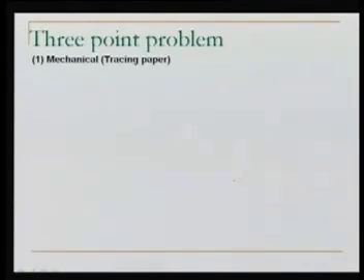To solve this 3-point problem, the very first method that we'll discuss is the tracing paper method. Let us say there are 3 points, and whenever I say capital letters, these points are there in the field.